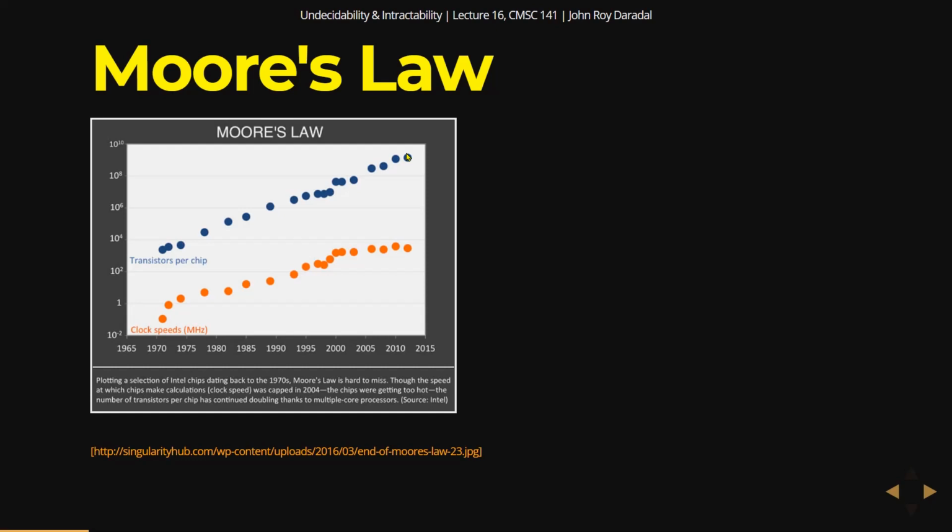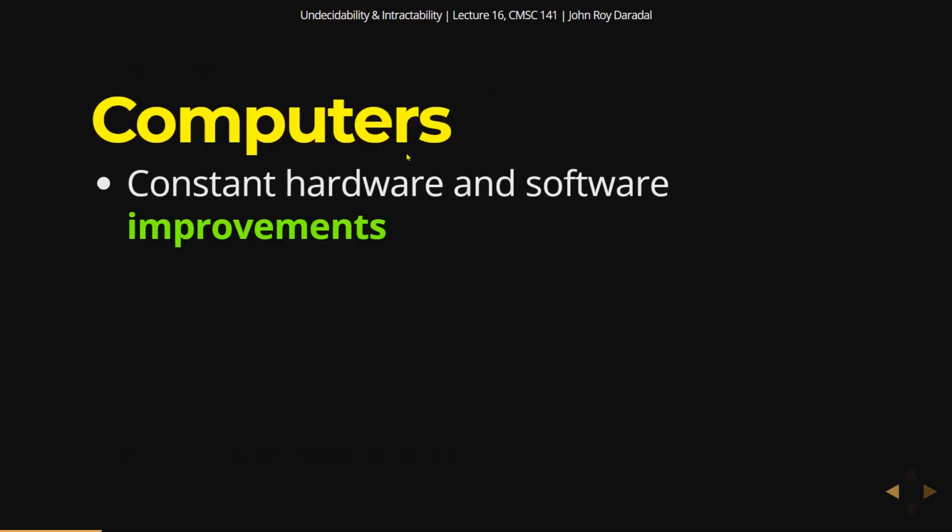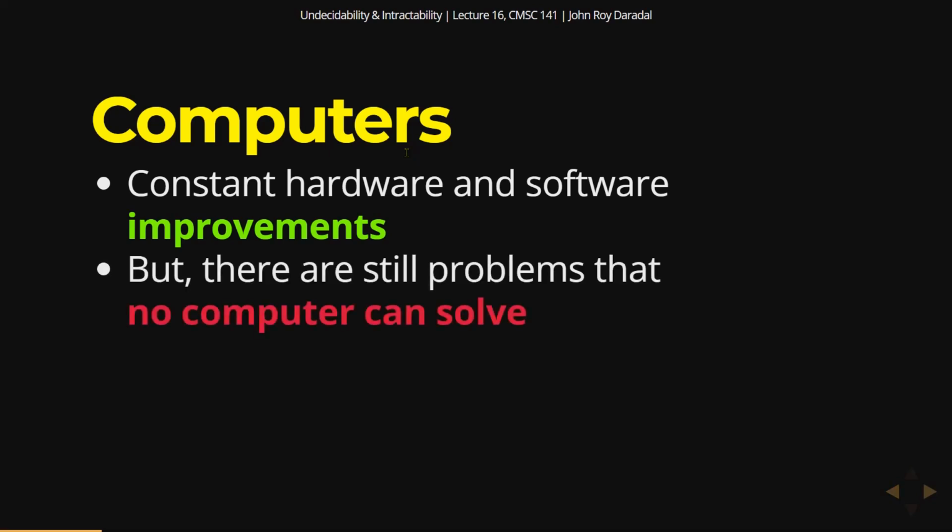And so this is the reason why we continuously have improvements in our computers' performance. Computers always have constant hardware and software improvements. However, even with these improvements, there are still some problems that no computer can solve.